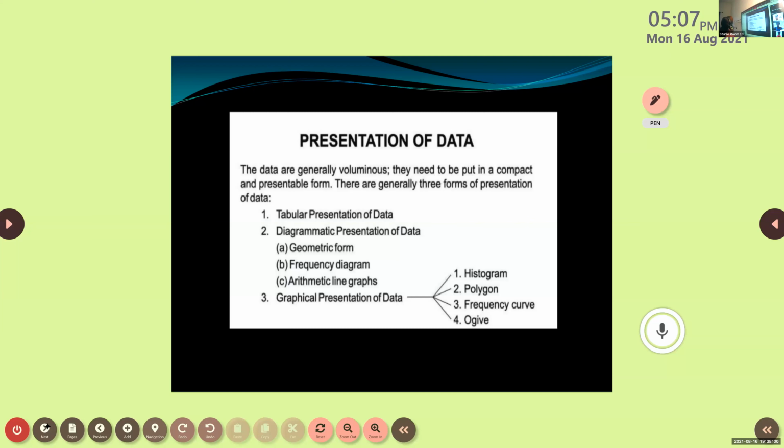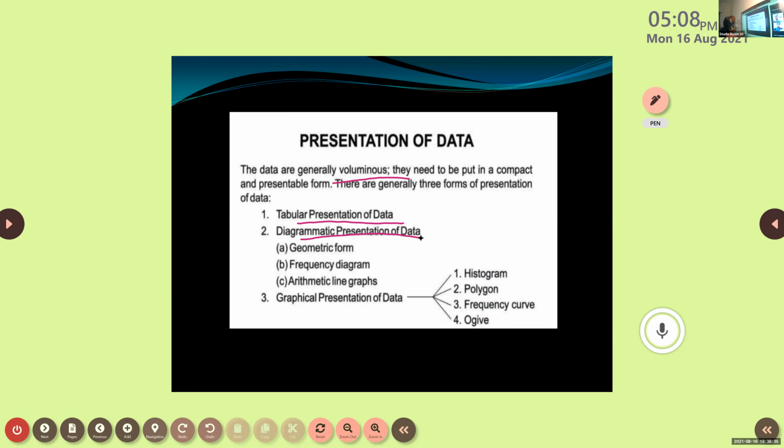Presentation of data. Now, how are we going to present the data in different forms? I told you in the beginning, data is voluminous, so it should be presented in a compact form. Mainly, we present it in different forms. One is tabular presentation, that I told you before. Next is diagrammatic presentation, through different methods: geometric form, frequency diagram, arithmetic line graphs.